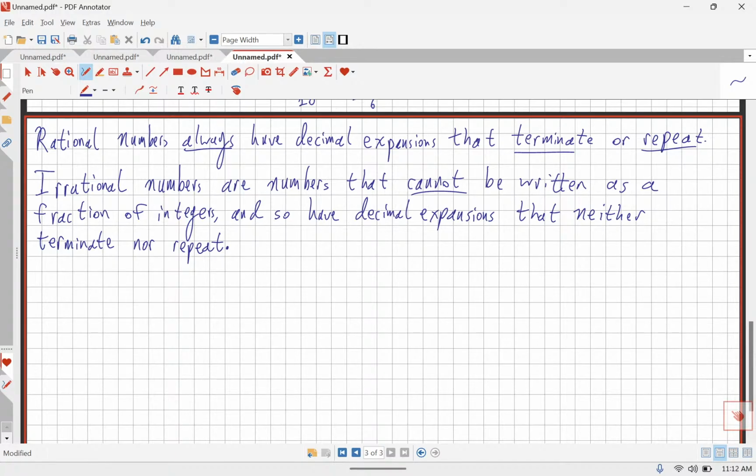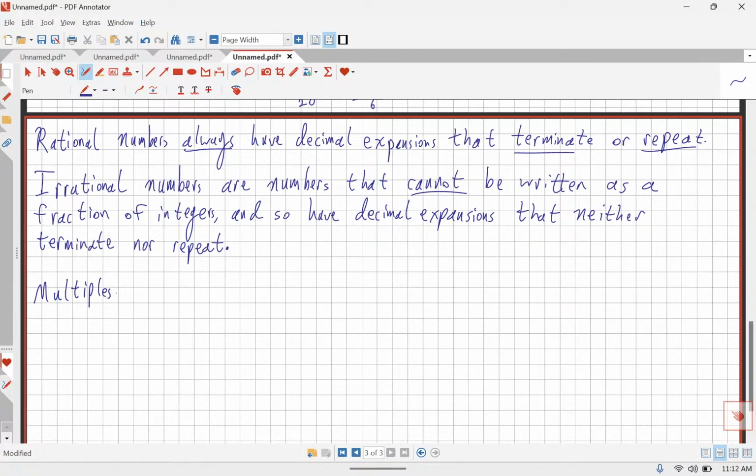In fact, guys, there are 3 flavors of irrational number you need to know for 8th grade. There are a lot more out there, by the way, but for now, we're only going to talk about 3. And the first one is multiples of pi. Multiples of pi are irrational.